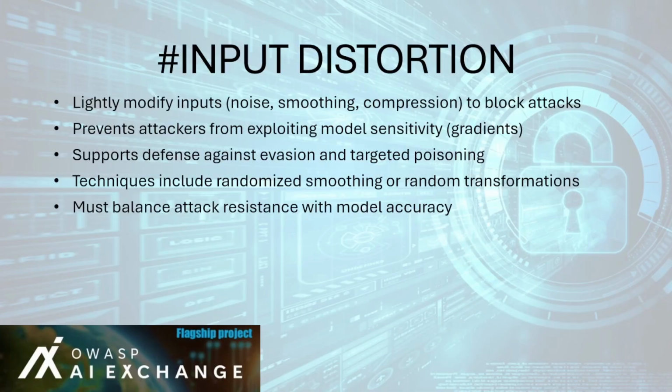As an example, in an image recognition system, applying mild blurring or compression can prevent an adversarially altered photo from misleading the model while maintaining accurate recognition for normal images. Input distortion is about confusing the attacker before the AI gets confused. It's a defensive balancing act, adding just enough randomness to break attack precision while keeping real-world performance reliable.